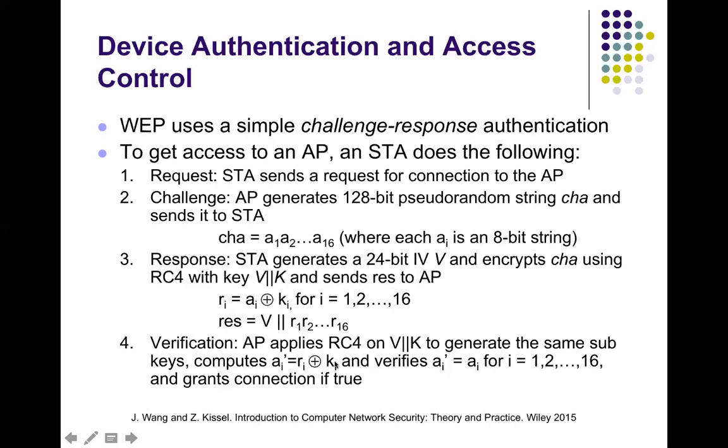Since you have the same K_i, and you do this exclusive-or with R_i, you get a result A sub i prime, which should be the same as A_i if the STA has the same key K as the AP.